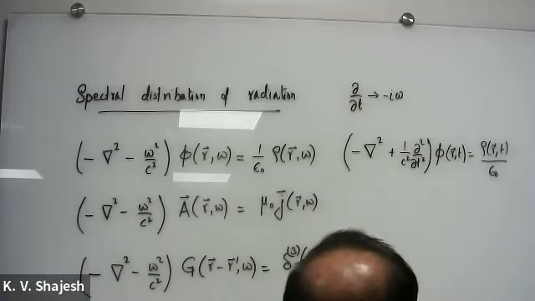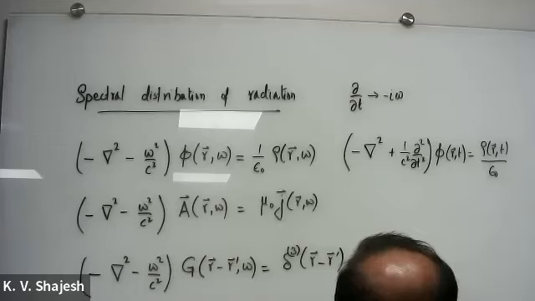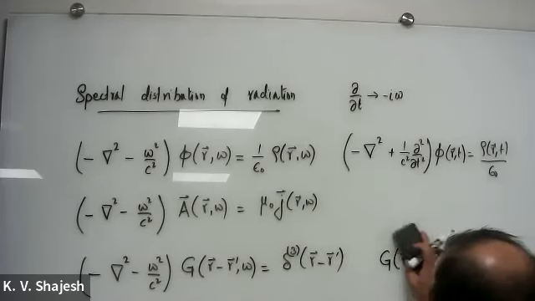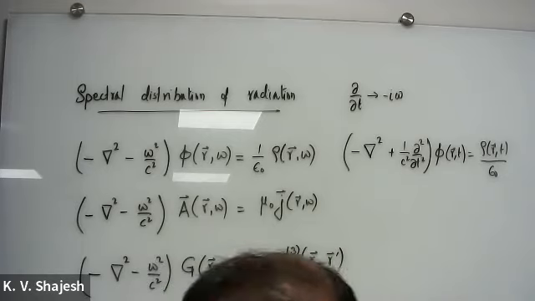Here, I think I might be able to accommodate this. So this is G of R minus R prime.